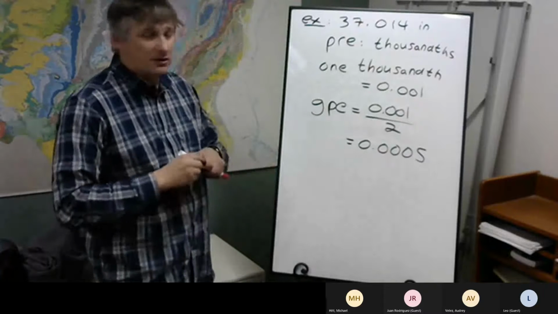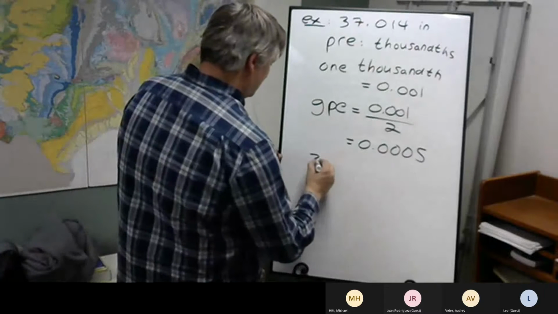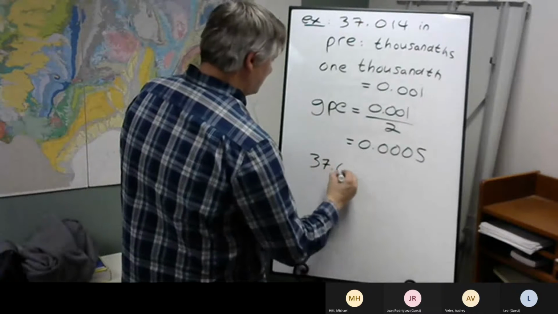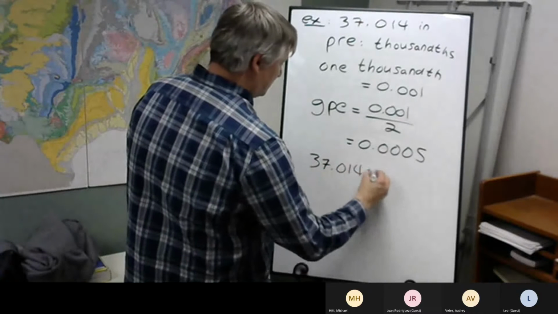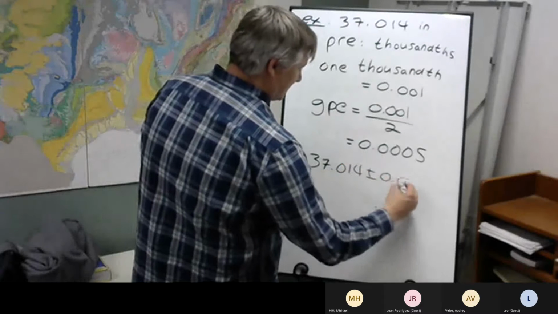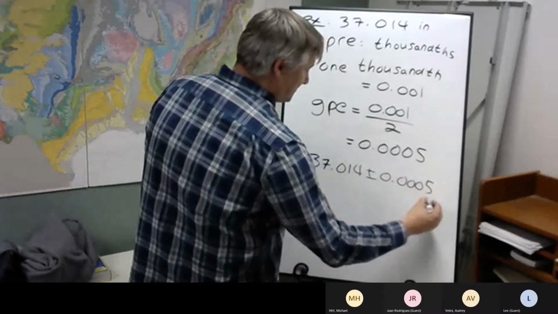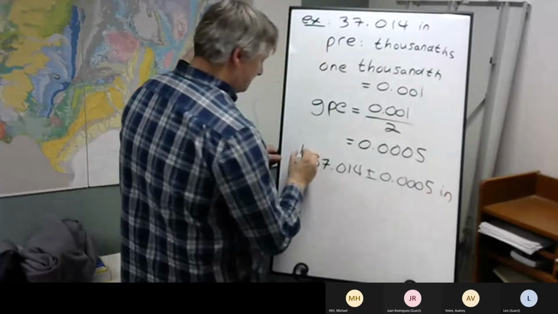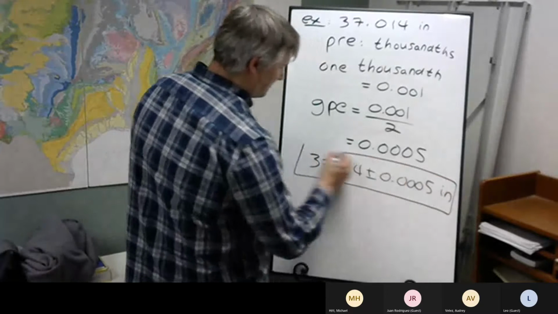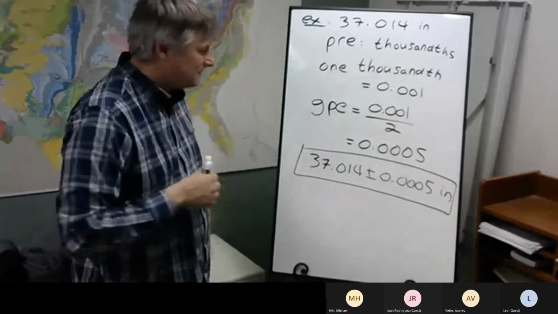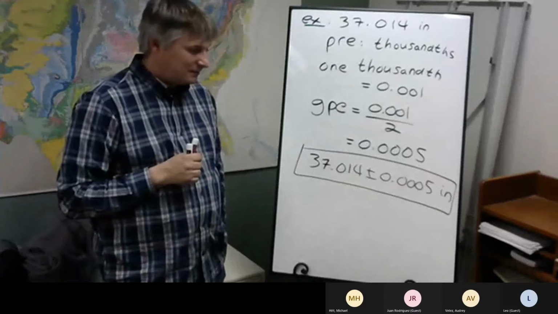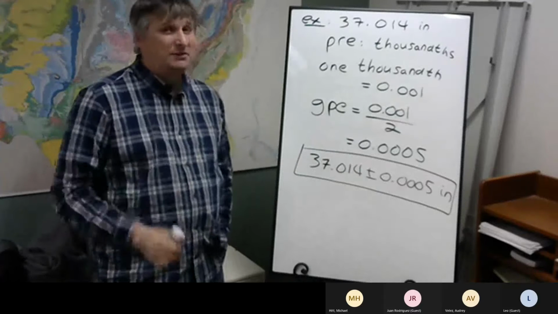So then we're going to represent our measurement 37,014 plus or minus 5 ten-thousandths. So, questions about that?